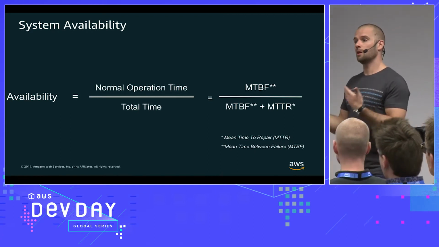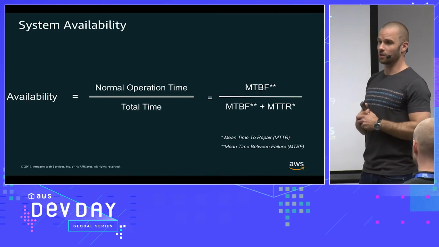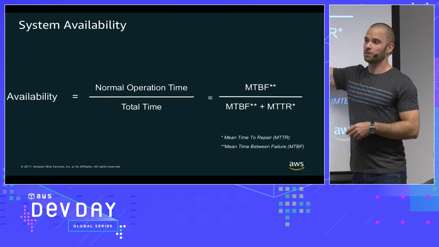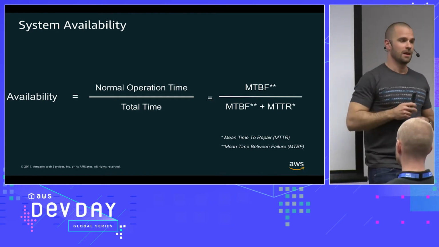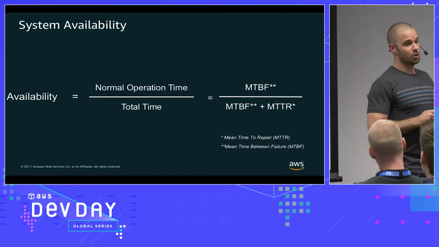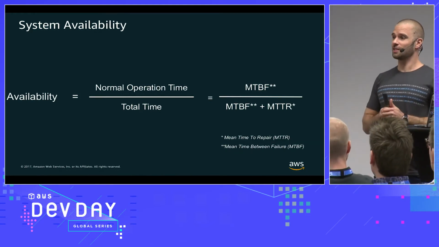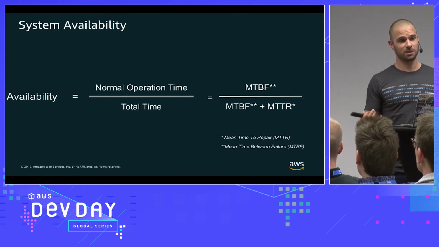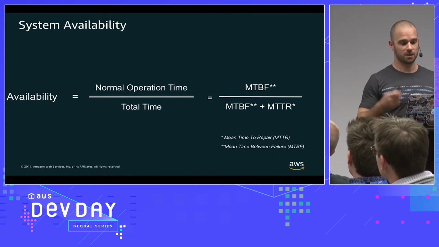So when you want to give an SLA to a customer, this is what you need to understand, right? And that means that if your mean time to repair is 52 seconds, you better have the good operations and automation in place to support that, right? So this is very important.